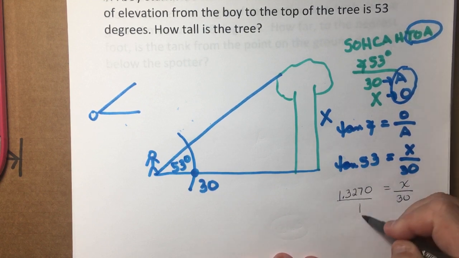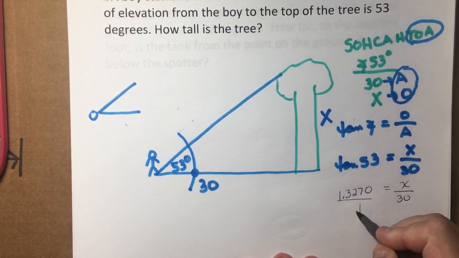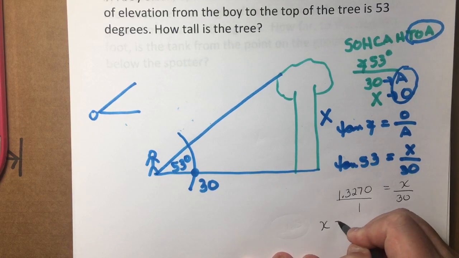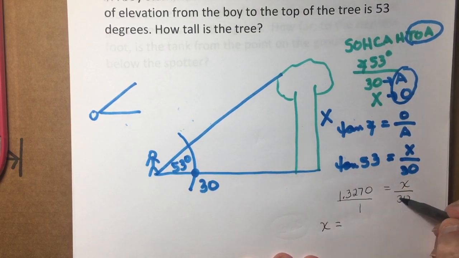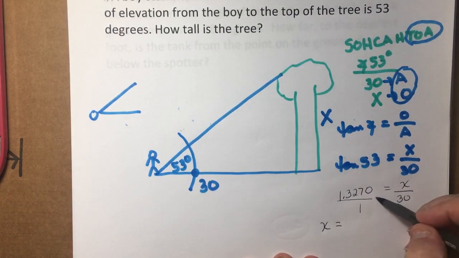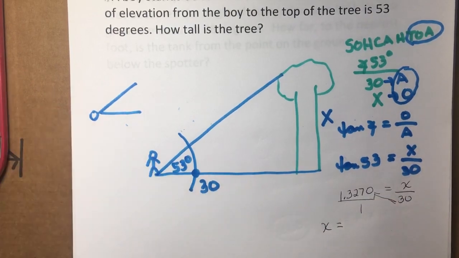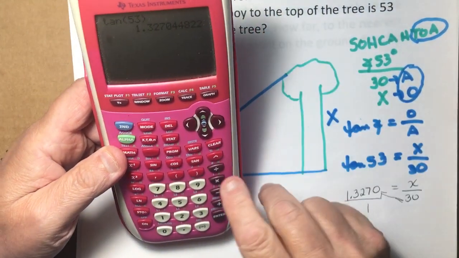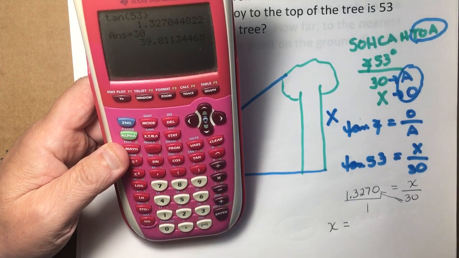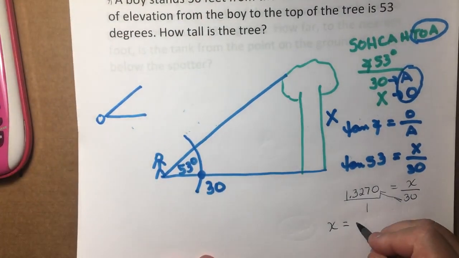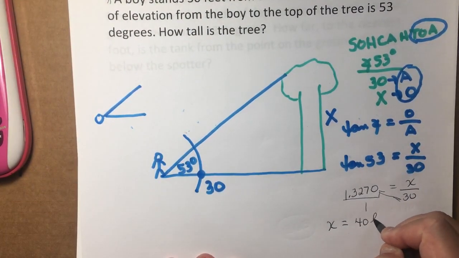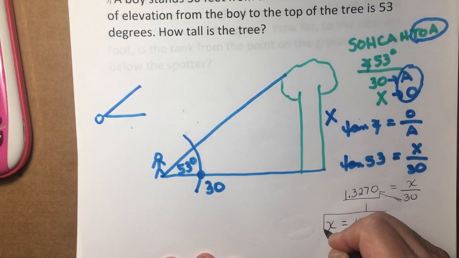You're going to cross multiply. 1 times X is X equals 1.327 times 30. And I get about 39.8. That tree is about 40 feet tall.